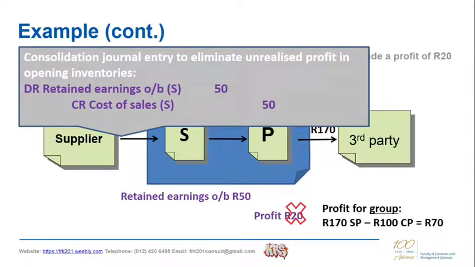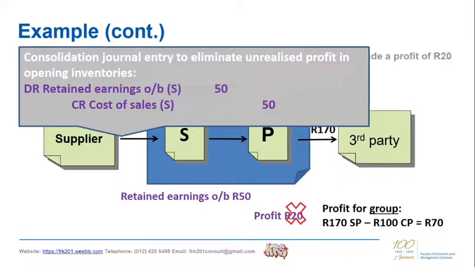Why am I crediting the cost of sales of S and not that of P? Remember, I'm working on combined numbers. What I did in the prior year was to debit the cost of sales of S to get rid of the profit. Now I'm effectively moving that profit out of the retained earnings of S into the profit of the group. So the credit is the cost of sales of S, 50 Rand.